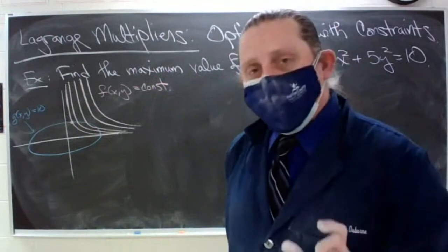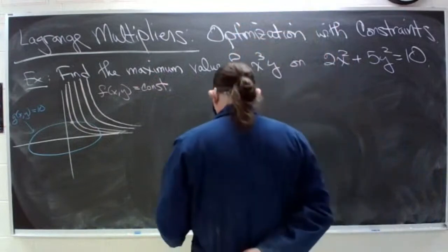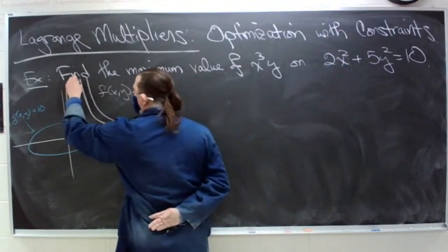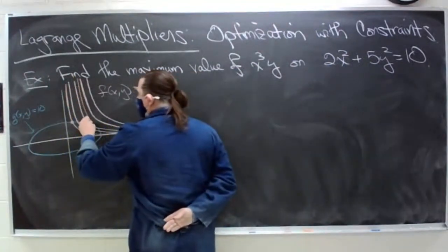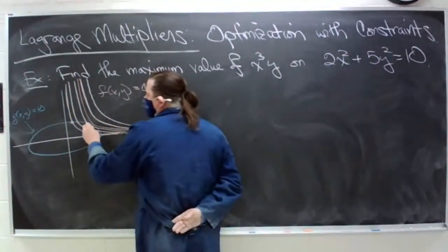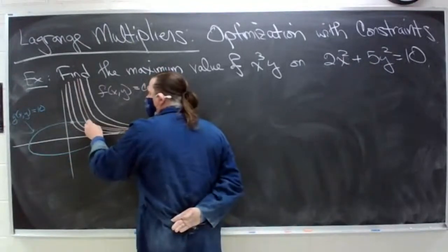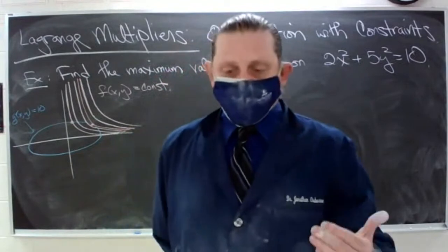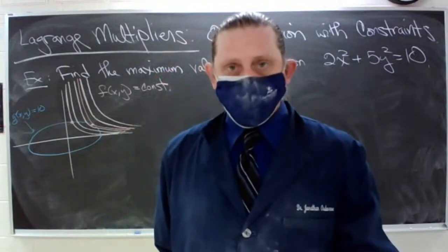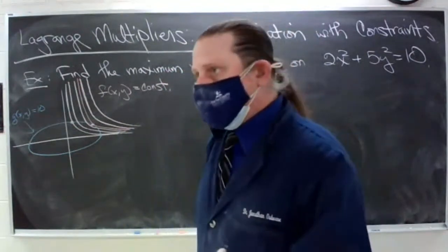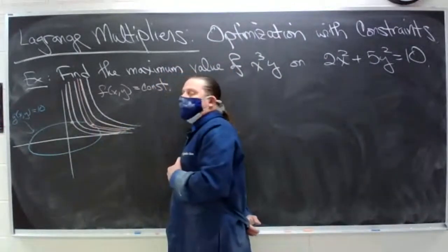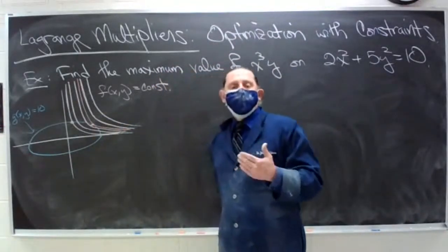So, if you think about that, you should be able to convince yourselves that the maximum value occurs on a level curve that is tangent to the constraint equation at the point where it intersects, so that it only intersects at one point.